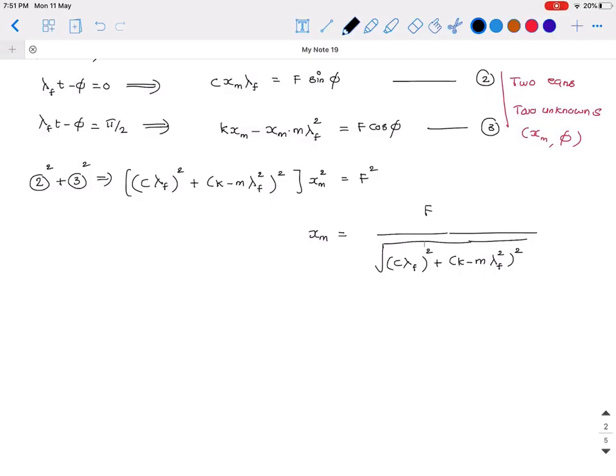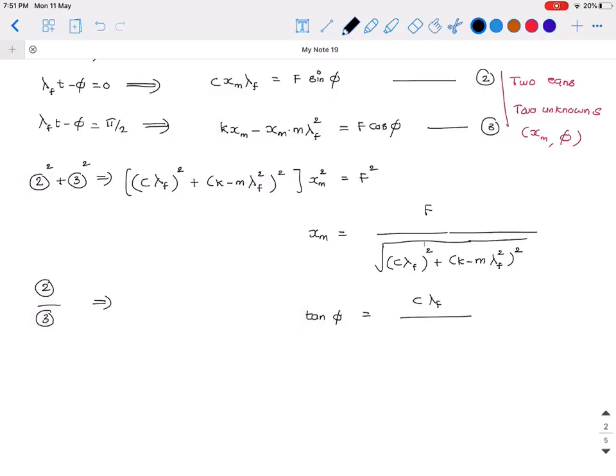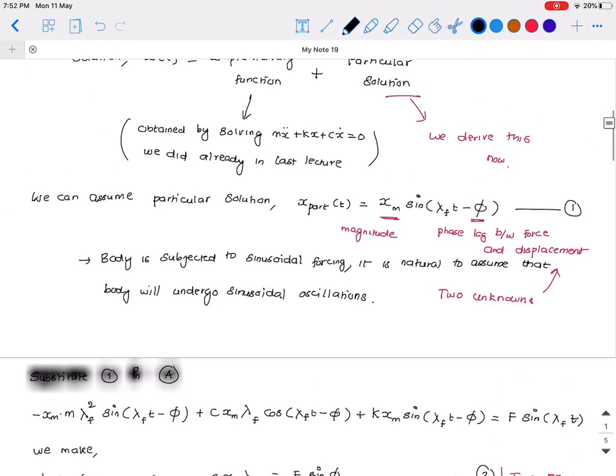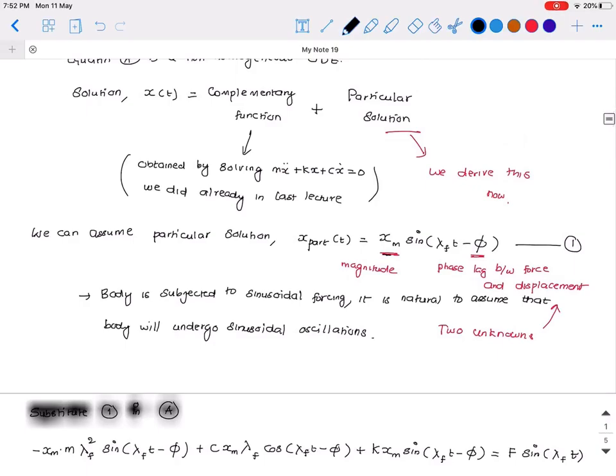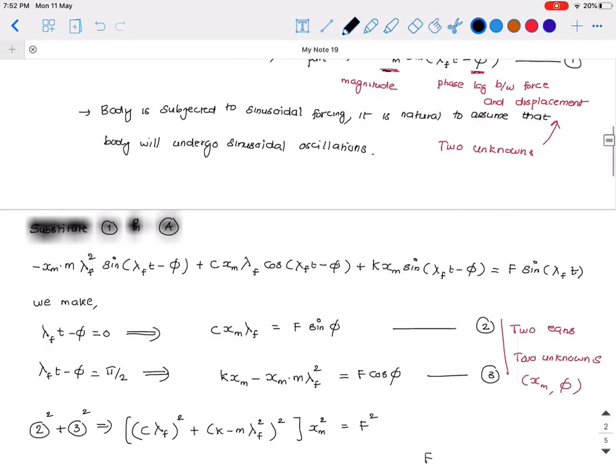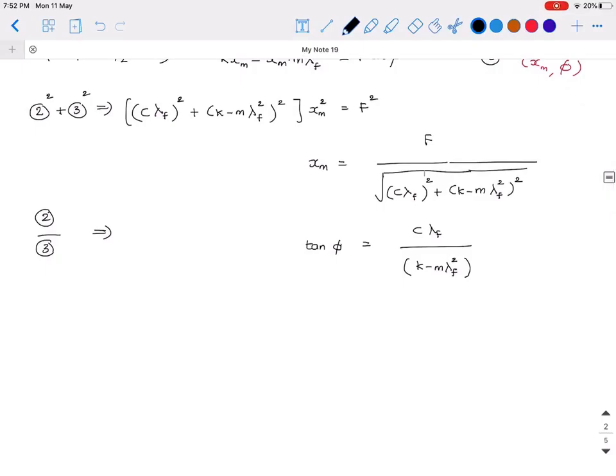We can get it directly by dividing equation 2 by 3. It will directly give you tan phi is c lambda f by k minus m lambda f square. Now we can completely describe the particular solution, because there are two unknowns, magnitude and the phase lag. We found them both.